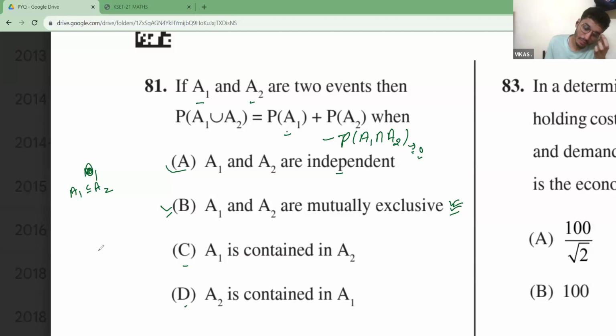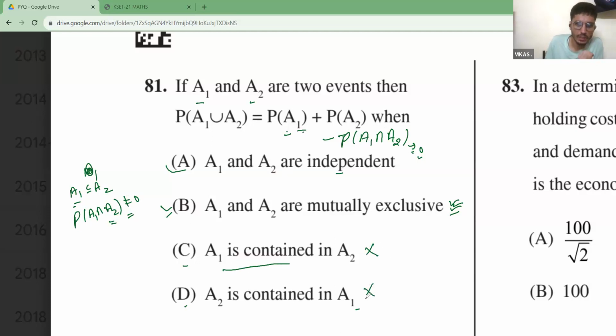Then the probability of A1 intersection A2 will not be 0, right? If A1 is contained in A2, it will not be 0. Then this conclusion will not hold. So this option is false.